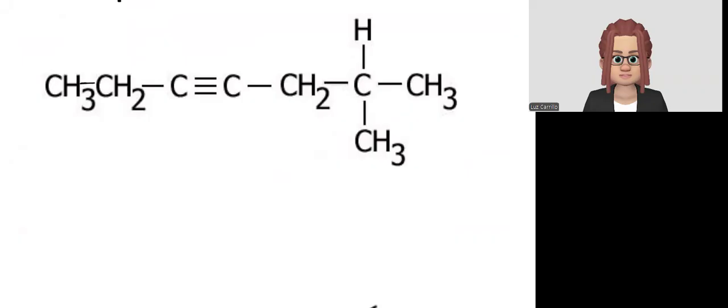In this structure, the longest carbon chain is 1, 2, 3, 4, 5, 6, 7, or 1, 2, 3, 4, 5, 6, 7. Regardless, you have the same longest continuous chain of carbon atoms containing the triple bond, which is 7 carbons.